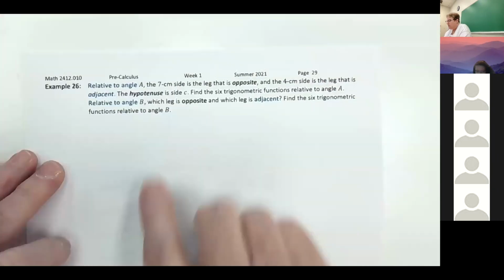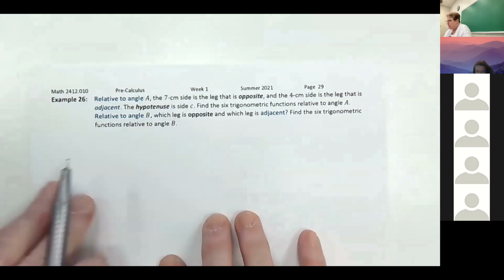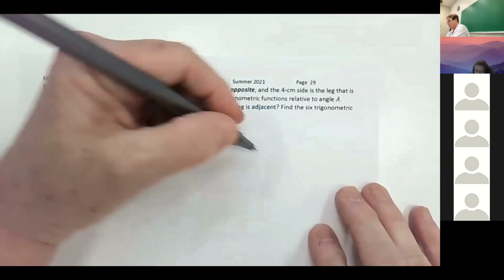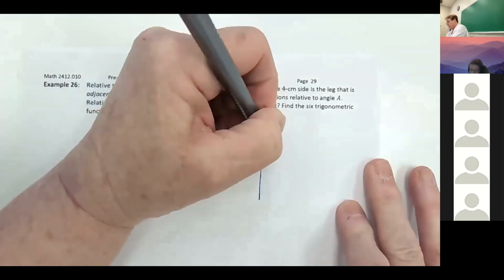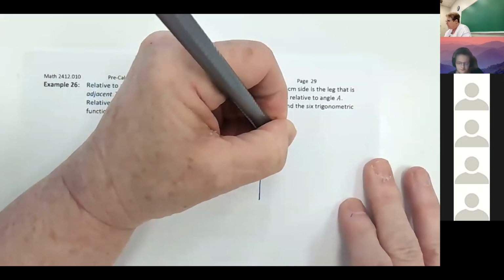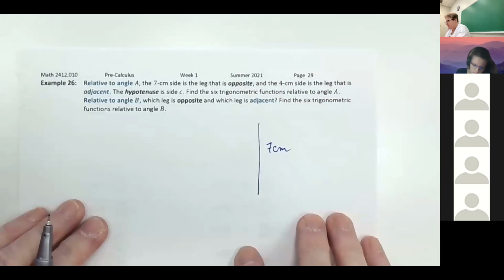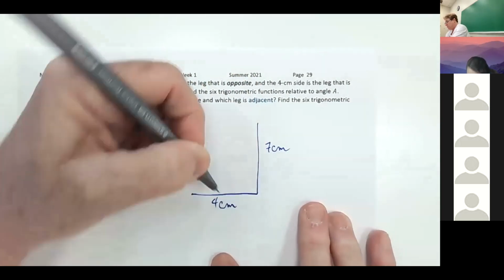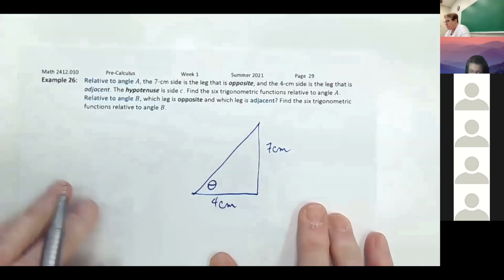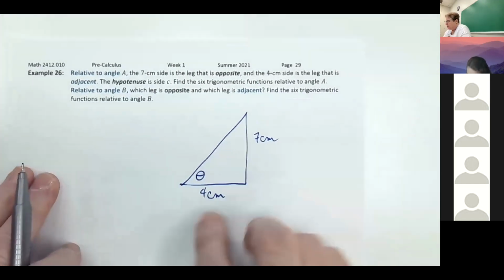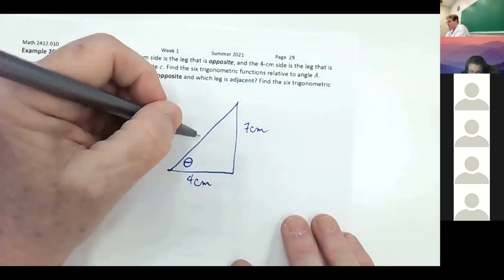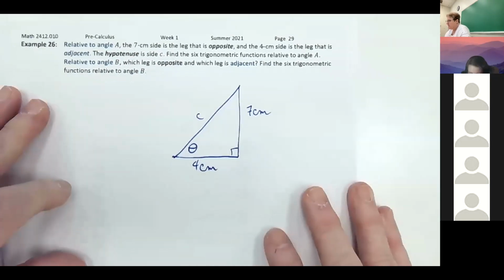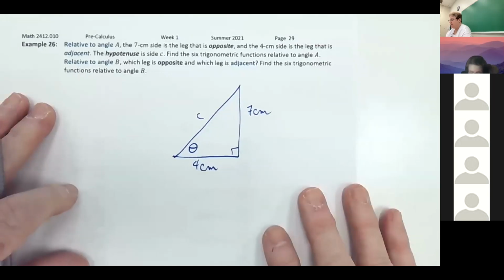So let's draw a triangle. There's a 7 centimeter side that is opposite, a 4 centimeter side that is adjacent, we need to find the hypotenuse, and then we can write the 6 trigonometric functions.